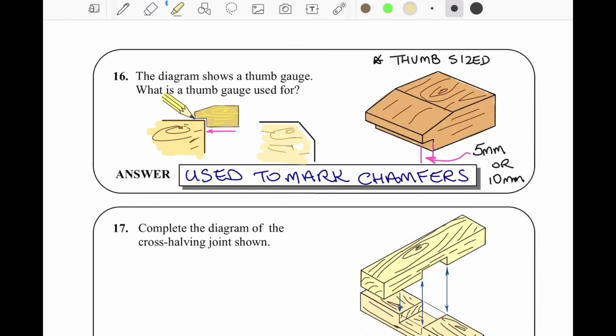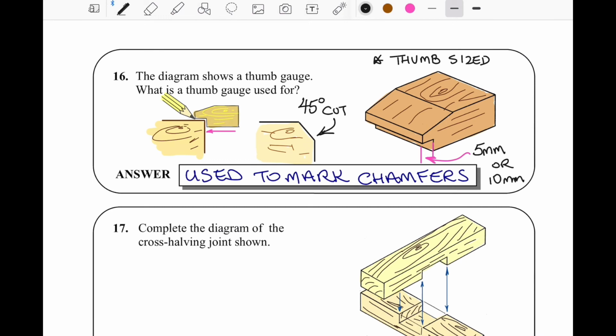So that is a chamfer, a 45-degree cut. So that's what the thumb gauge is for, marking them out.